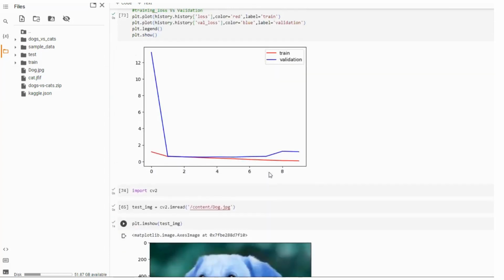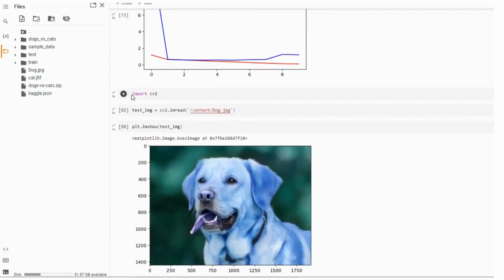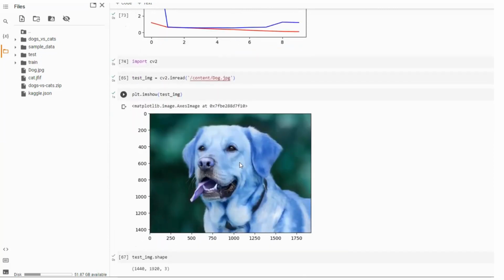Now, this was to test the model, and we are trying with unused data to see how the model performs. Here we have imported CV2 to read the image, and here we've imported the dog picture. This picture was not in the previously trained dataset, hence this is a new picture.